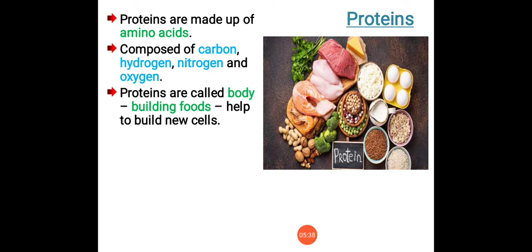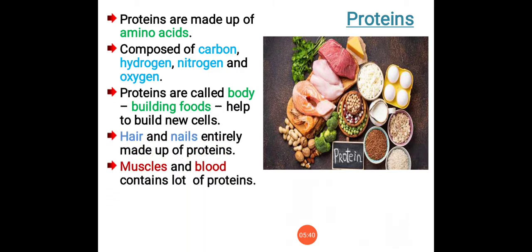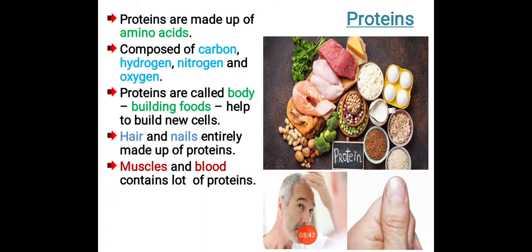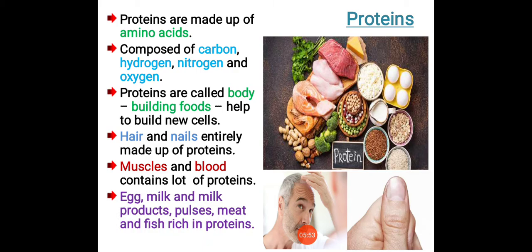Some parts of our body, such as hair and nails, are made up entirely of proteins. Muscles and blood too contain a lot of proteins. Egg, milk products, pulses, meat and fish are rich in proteins.